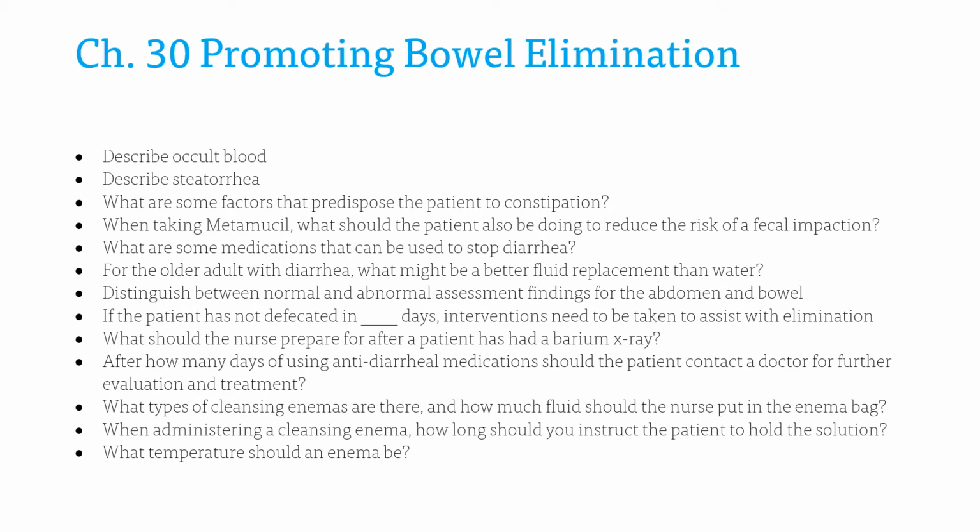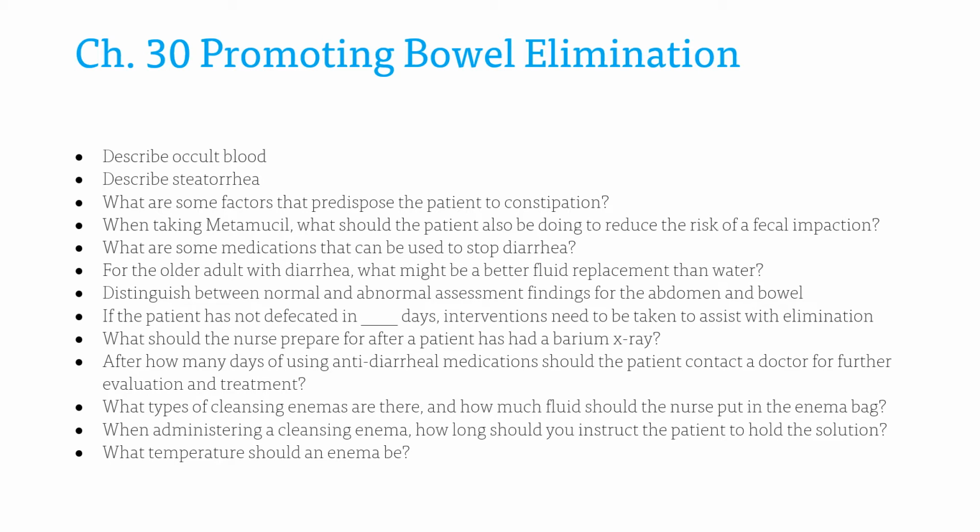Just going back to the normal and abnormal assessments for the abdomen and bowel, I want to bring you back to page 587. Be sure to take a look at the purple clinical cues box to place the patient in a supine position. Auscultate for bowel sounds in all 4 quadrants. Absent or few bowel sounds would indicate decreased motility and potential for constipation. This can also signal an abnormal bowel blockage.